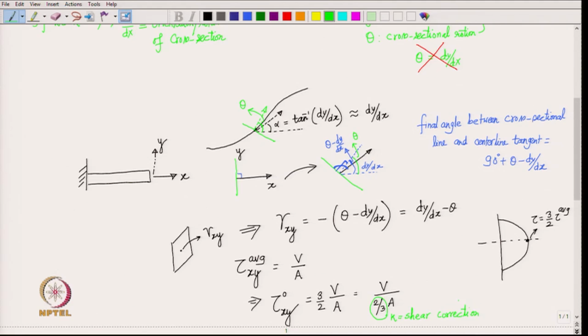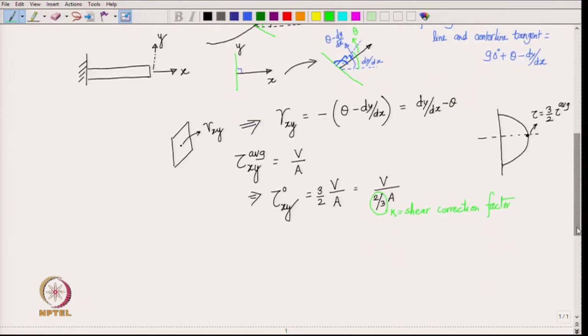For rectangular cross section it is 2 by 3, for circular cross section it turns out to be something else. So, finally, we have tau x y at the center equal to V by K A.